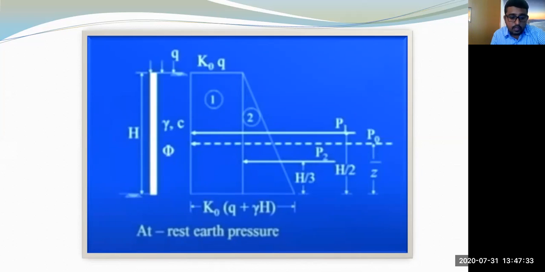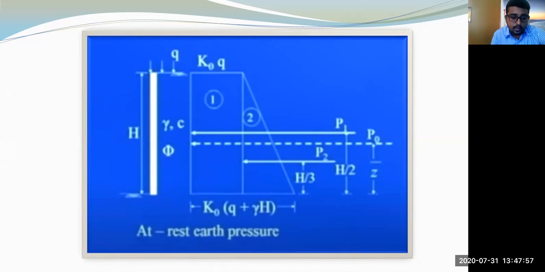See it in the figure. At depth Z equals 0, the vertical stress is Q. If the vertical stress is Q and the wall is at rest, what will be the horizontal stress? It will be K naught into Q, so at Z equals 0 it will be plotted as K naught into Q.